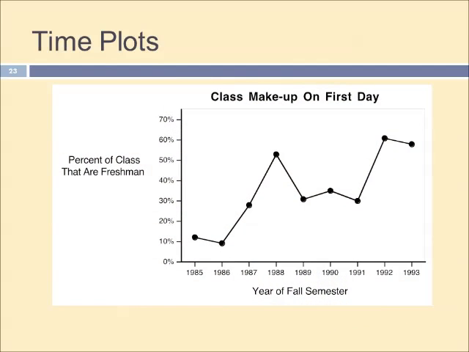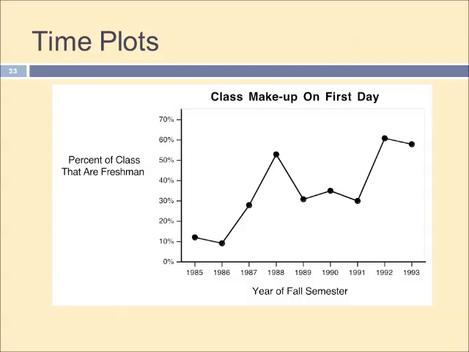So, for example, here we have a time plot of the percentage of a particular class that are made up of freshmen, from the years 1985 to 1993. It bounces all over the place, but there seems to be a fairly clear upward trend. Beginning in 1985, around 11% of the class were freshmen, and by the end of it, it's above 50%.